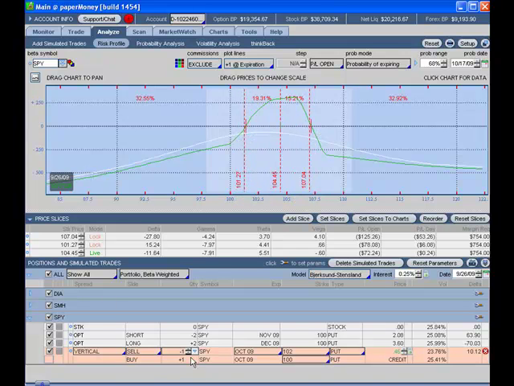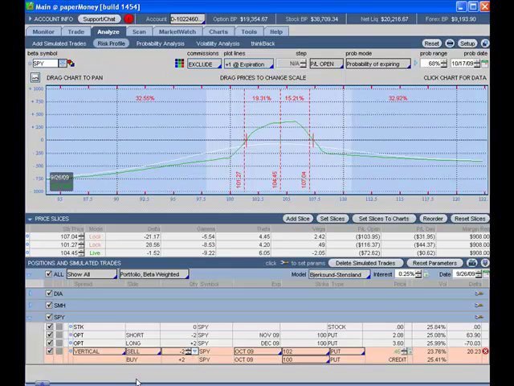So if I was to add one more contract to the position, we see that we've added even more potential profit to the position, but we've raised our upper break-even point to, what is that now? That is 107.36. So we've added even more potential room to the upside on that position by selling a vertical spread.